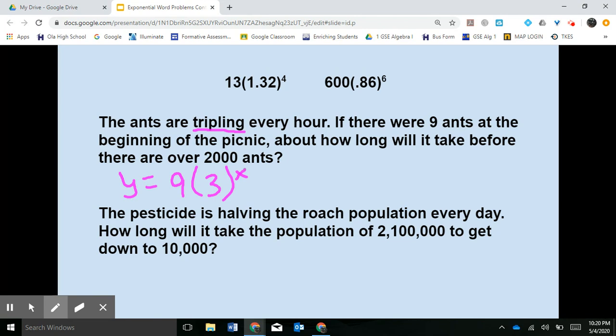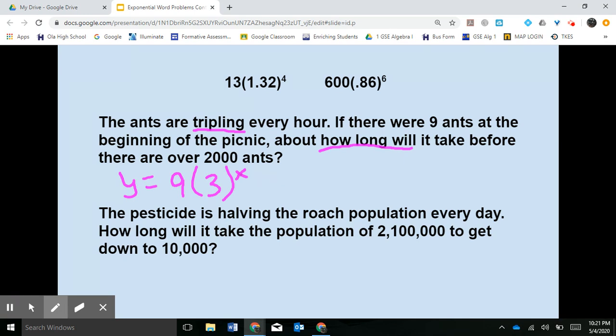Here's where we've got to do a little bit of guess and check on the calculator. It says, how long will it take? So they're asking what is X. Here, you just plug in numbers for X until you get below 2,000 and above 2,000. What I did is I took my calculator, plugged in the number, and guessed.